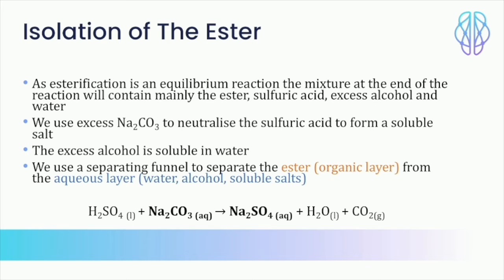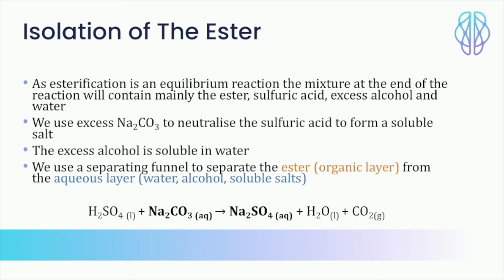With the esterification, as I said, it's an equilibrium reaction, and the mixture at the end will include mainly the ester, because you're trying to maximize the yield. You have some of the sulfuric acid that you've added originally. It's a catalyst, so it's not going to be used up in the reaction, and there's still going to be some at the end.